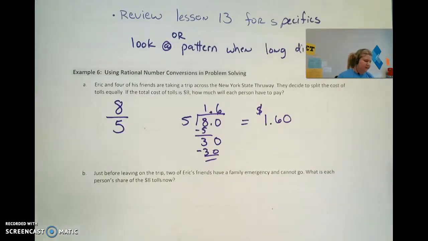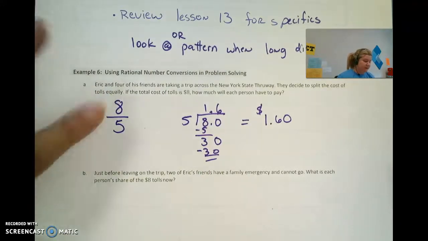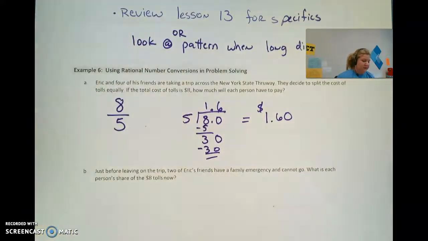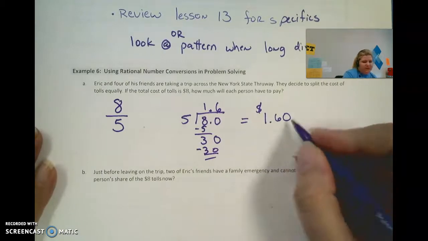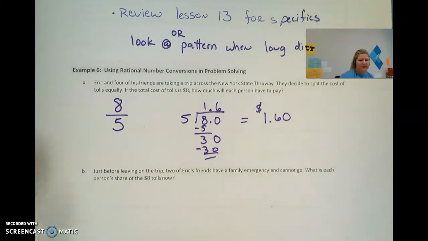Okay, here we have $8 divided amongst Eric and his 4 friends for a total of 5 people. And I've done my division here. And even though that ended, since we're talking about money, money has 2 decimal places, so I've added a filler 0 at that point.